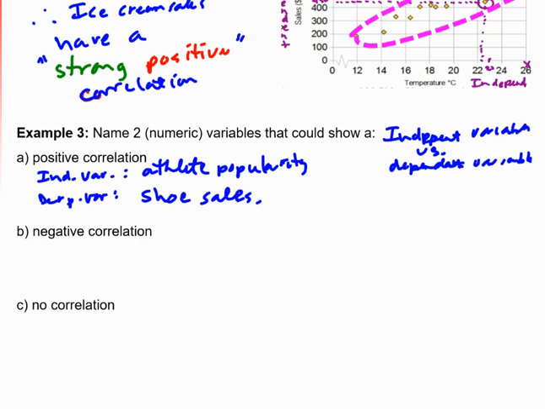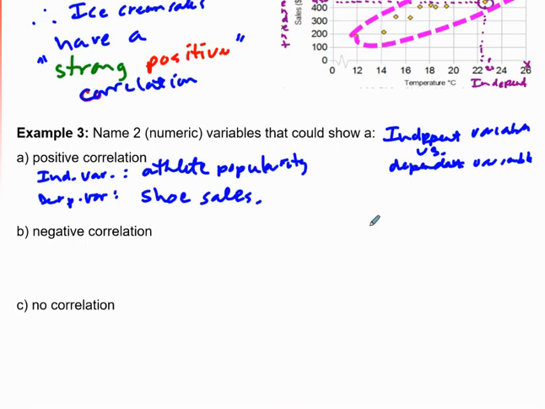Now, negative correlations are a little bit harder to think of, but I have an example here. I used the example of paying your mortgage.